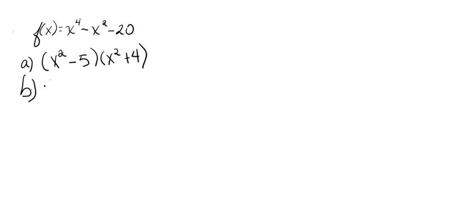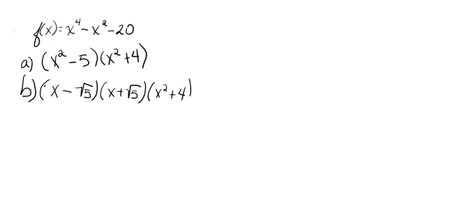It is a quadratic, but I can factor it as a difference of two squares into two irrational factors: x minus the square root of 5 times x plus the square root of 5, because the square root of 5 times the square root of 5 gives us 5, right? And then x squared plus 4.